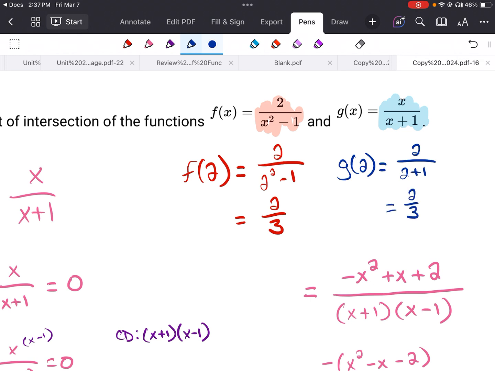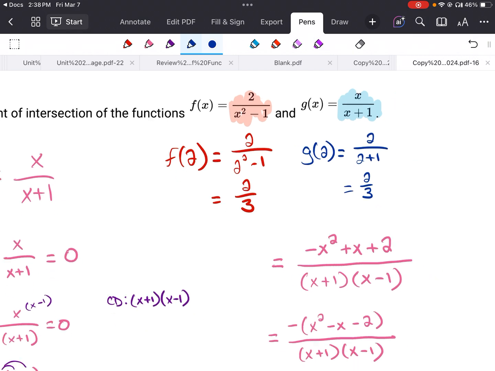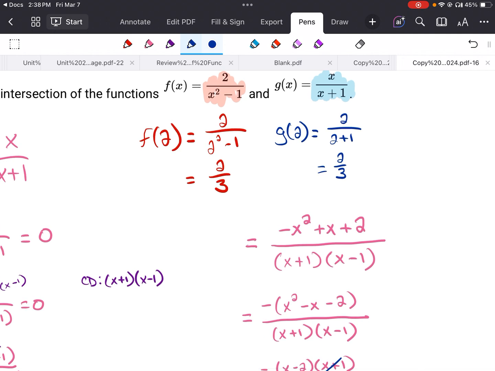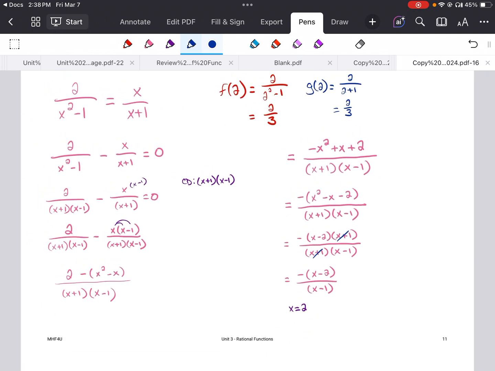You only have to do it once. You can pick and choose which of the two functions you want to plug your x into. But now that I did it with both, we saw that they got the same answer. We can conclude that the two equations have a point of intersection at 2 and 2/3.